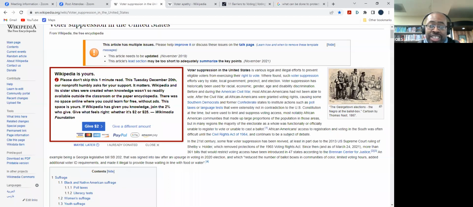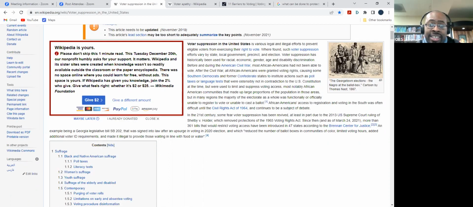Before and during the Civil War, most African Americans were not able to vote. After the Civil War, all African Americans were granted voting rights, causing some Southern Democrats in former Confederate states to institute actions such as poll taxes or literacy tests. It was made so that it did not necessarily contradict the U.S. Constitution.